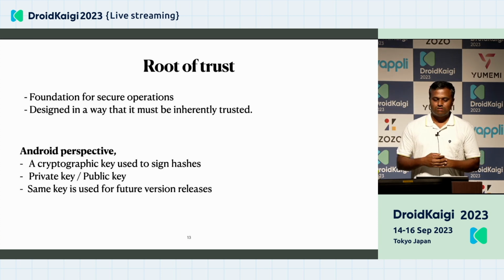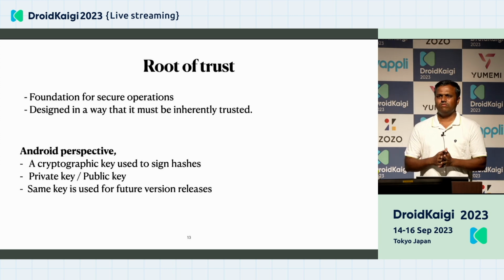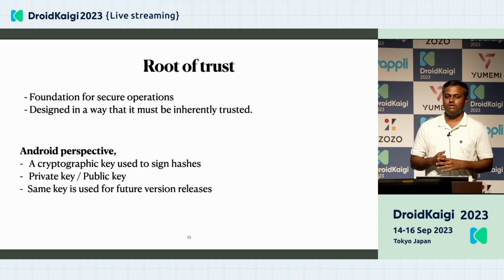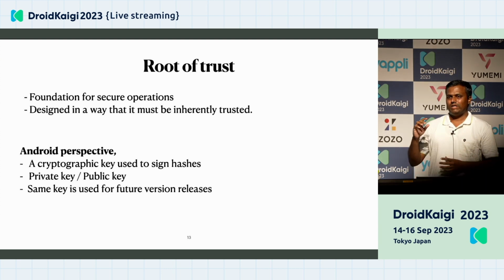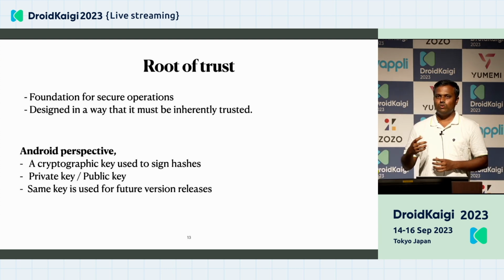It should be designed in such a way that it is inherently trusted from an Android perspective or a software perspective. Generally, we have a cryptographic key pair, where the private key is with the manufacturer, and the public key is stored on the device in read-only memory, or it's burned on the device. The manufacturer will release a new OS version signed with the private key.